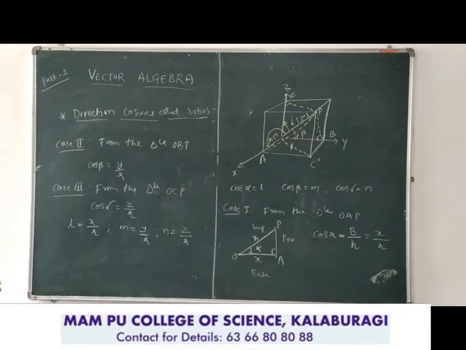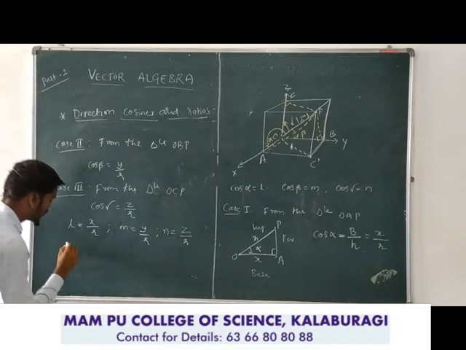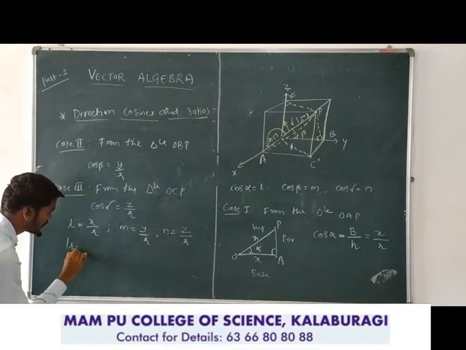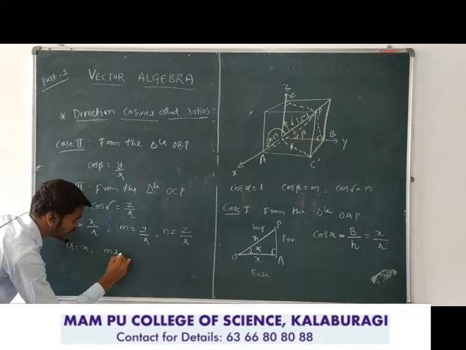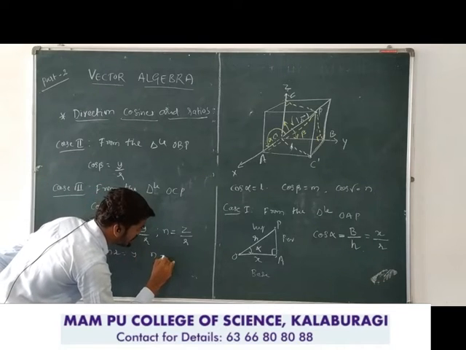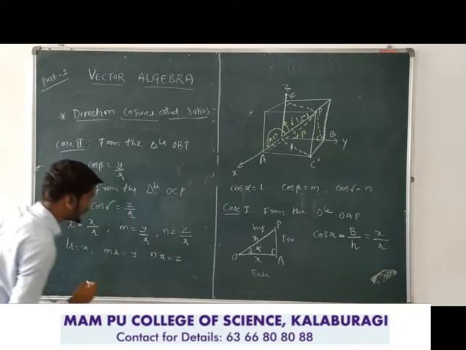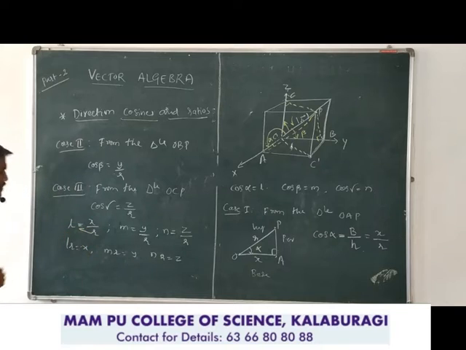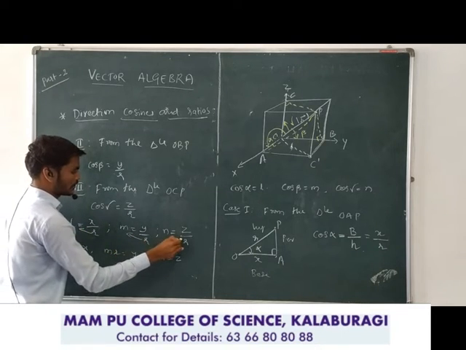If we multiply this side, LR is equal to x, MR is equal to y, and NR is equal to z. So I am doing cross multiplication here.